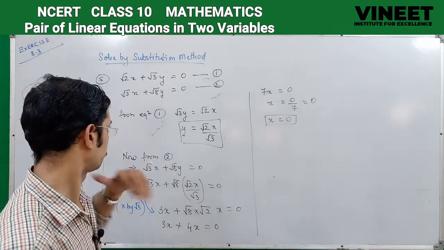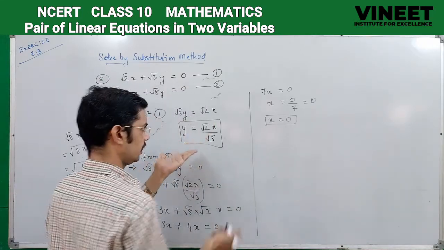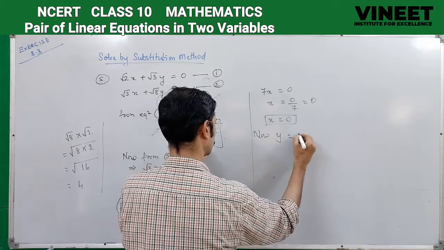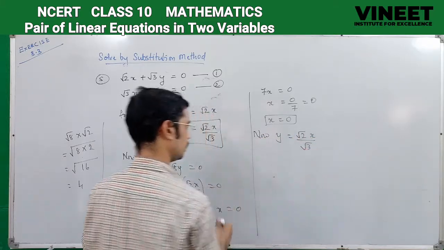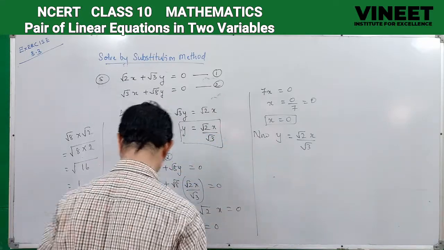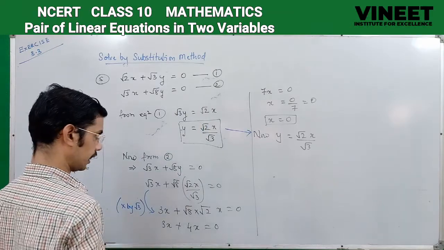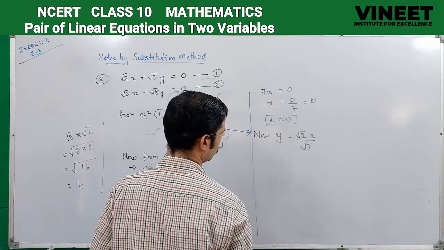Now let us see. Let me take the first equation. y is equal to root 2x by root of 3. From this equation we have the value of y. Let us put the value of x into this.